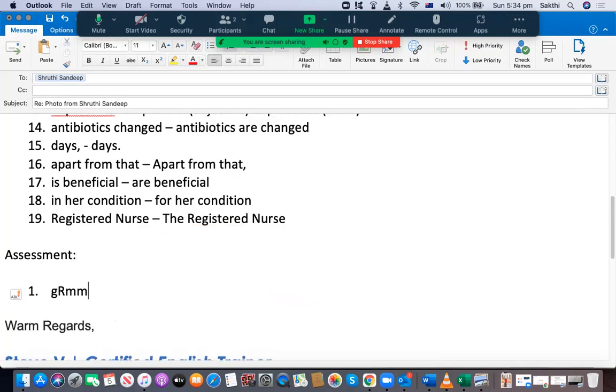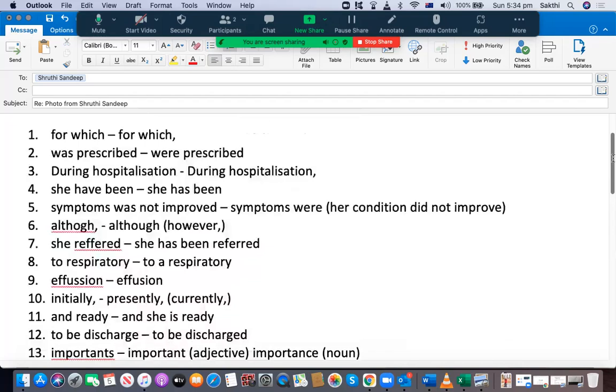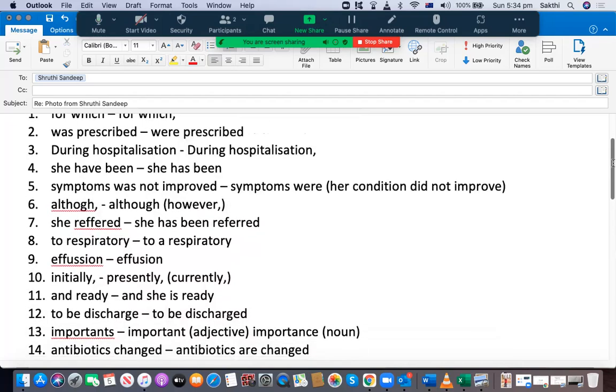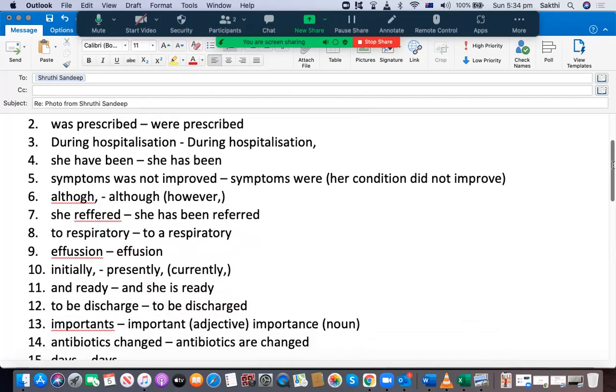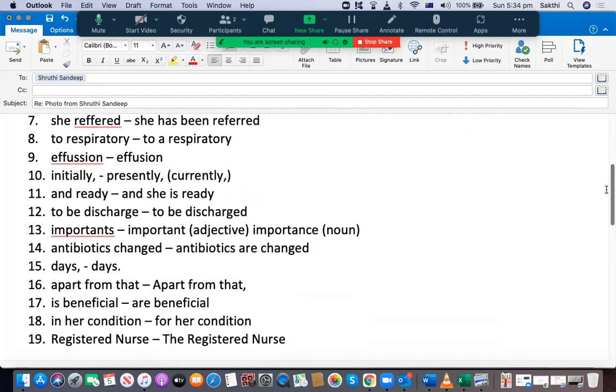One is grammar needs to be improved a lot, because you have been committing a lot of grammatical mistakes, so I would recommend you to avoid this. So particularly what kinds of errors are you committing? Let's go through this. The nouns and verbs, that's an issue.